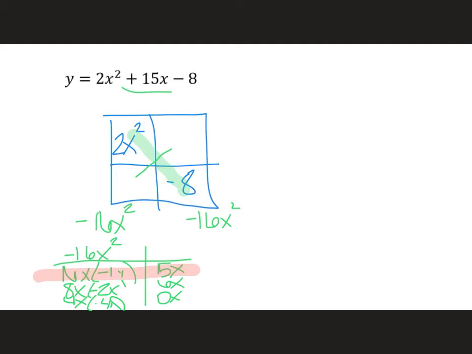Okay, so here I will put negative 1x and 16x. Remember, it does not matter which one you put where. Now, some of you asked me questions about what grouping means, and I guess I didn't do a great job of making sure you understood that we are talking about a group of terms. So this first row represents a group of terms.